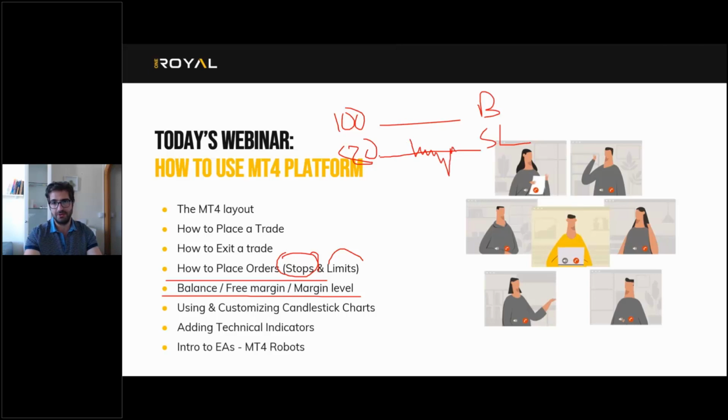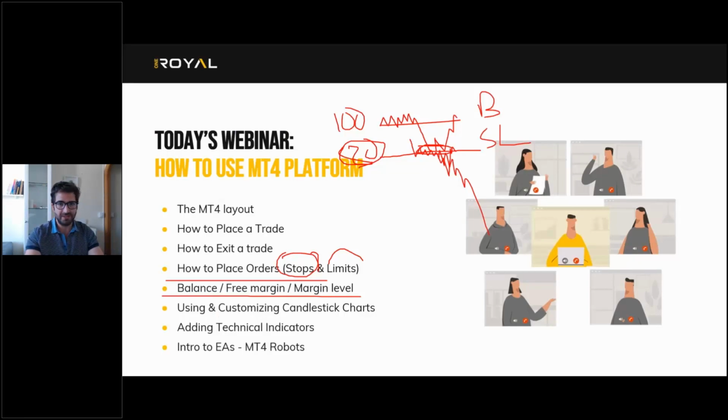You will be out of the market at 80. So if the market is traded at 100 and it moves to 80, automatically the software will kick you out of the trade, and you will be protected in case the market continues its move to the downside. So this is the use of stop loss. It will protect you from huge losses.